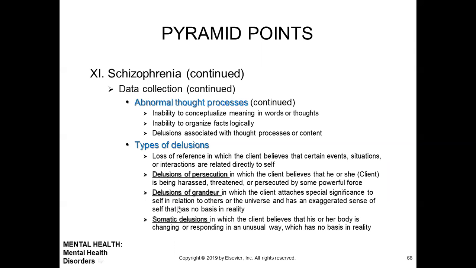Imagine the patient thinks, I'm talking to God, and God talks to me. I am superior to others. Somatic delusion, in which the client believes that his or her body is changing and responding in an unusual way, which has no basis in reality. Because of this abnormal belief or misperception, we never ever argue with them.